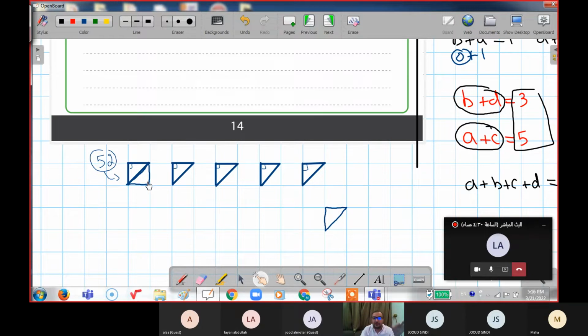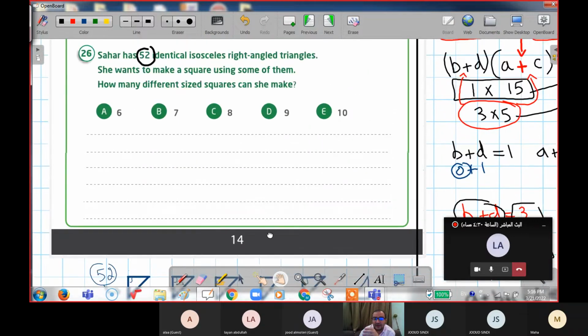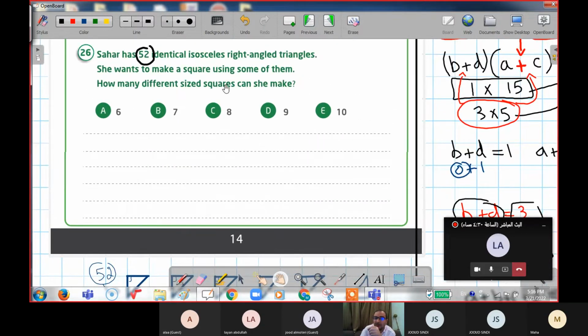She has 52 right isosceles triangles, and she wants to make squares from these triangles. The question is, how many different size squares can she make? Okay? Do you understand now the given?